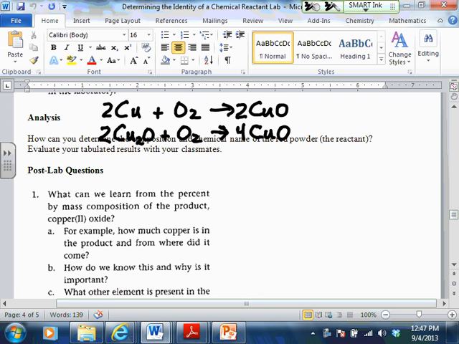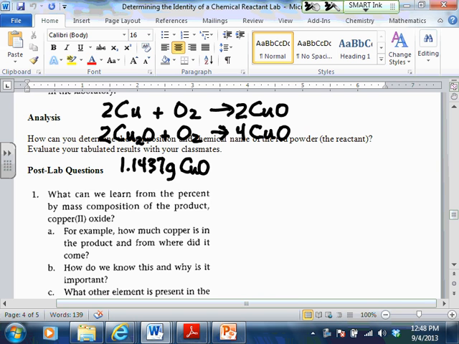Someone whose mass did increase, tell me your ending mass of the CuO. Okay, 1.1437 grams. Now this is just an example because everyone's going to have to use their own data here. But that's the mass of the CuO, right?